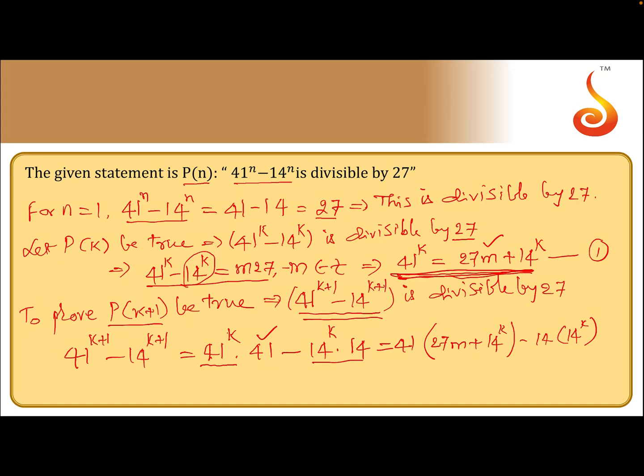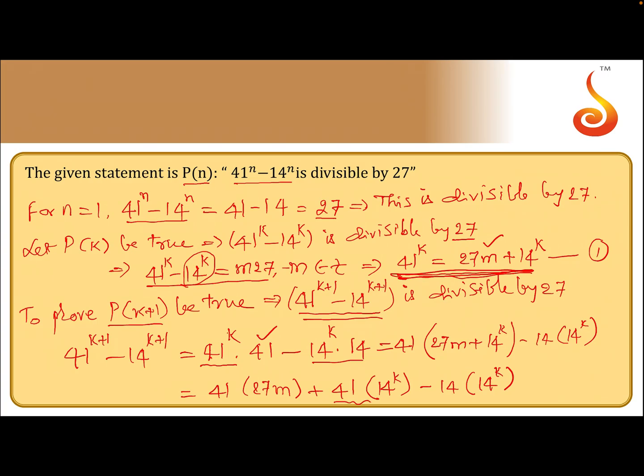And that is written, opening the bracket, 41 times 27m plus 41 times 14 to the power of k minus 14 times 14 to the power of k.